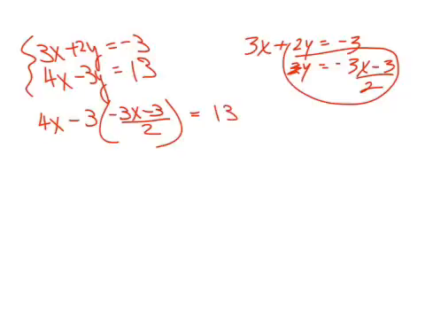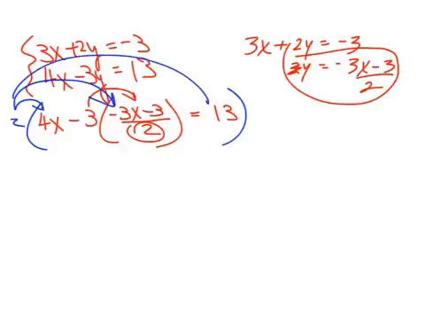We can distribute this across here, or we can see that we have a 2 and we can multiply the whole thing by 2, each one of these by 2, if we want to get rid of the fraction right away. So that's kind of nice to be able to do that.